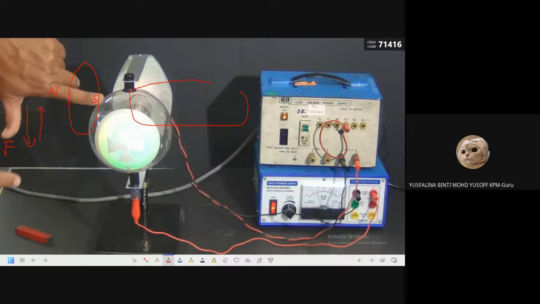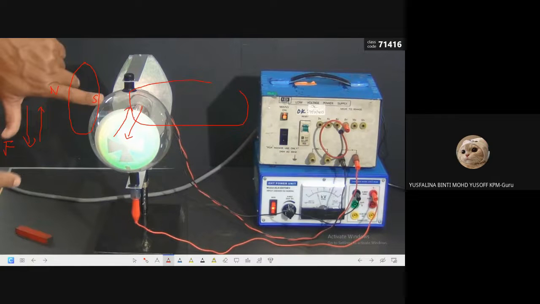So north, south. At the end of your fingers, this is north, and here is south. Then the third finger shows which way the current flows. We already know the electron is flowing this way, so the electric current is flowing the opposite way.